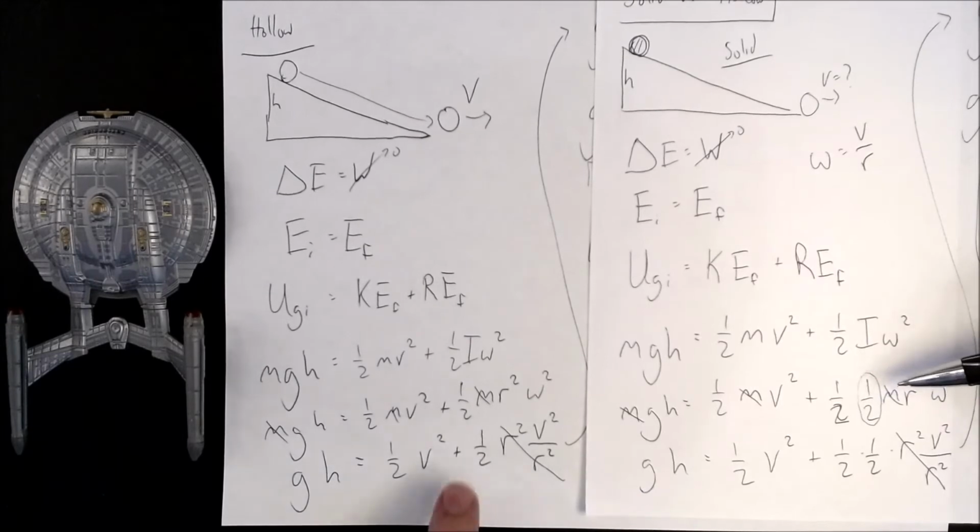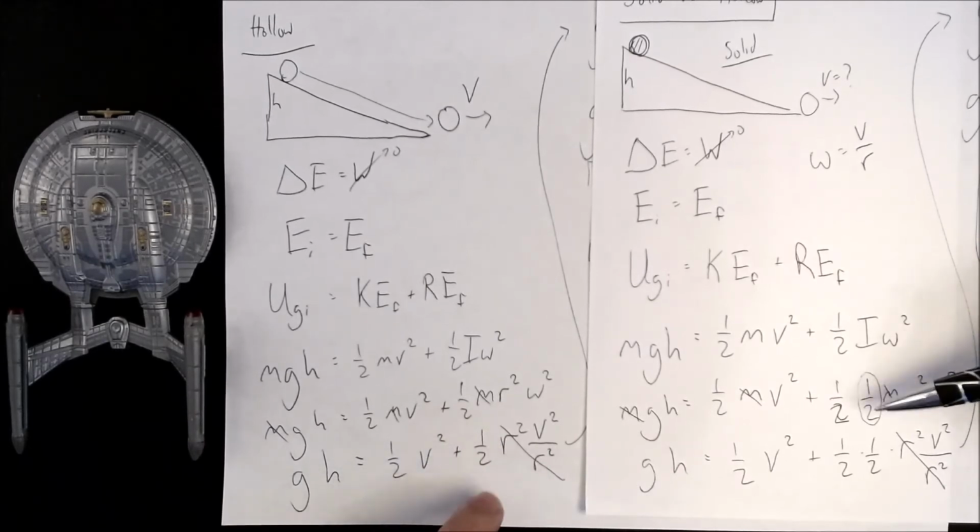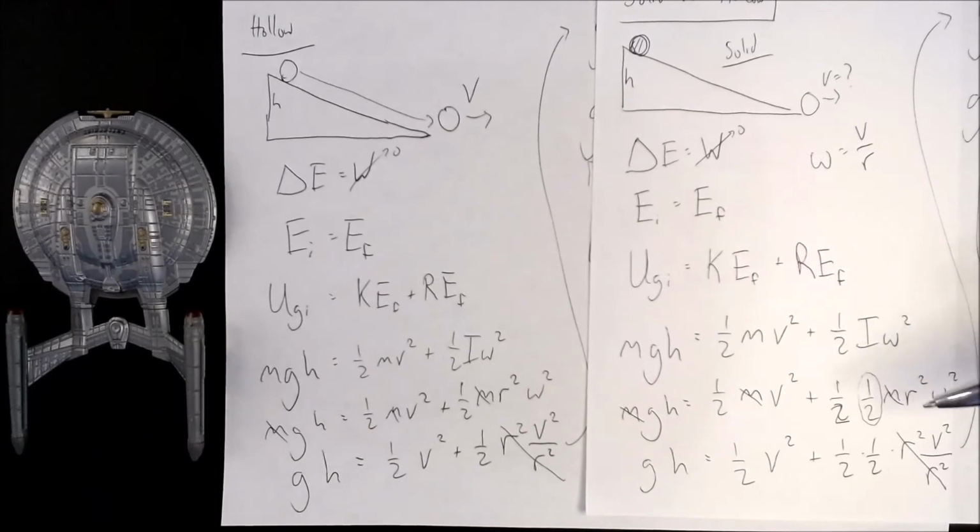They each have this first factor of 1/2, but the hollow cylinder does not have a second factor of 1/2, while the solid cylinder does. That means half as much energy will be going into the rotational energy of the solid cylinder.